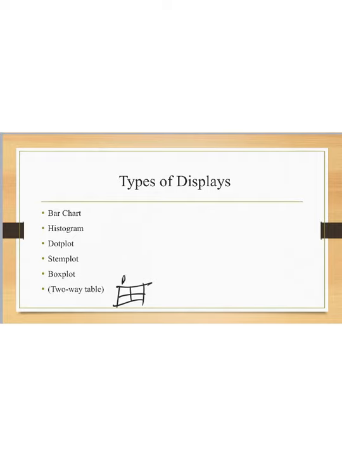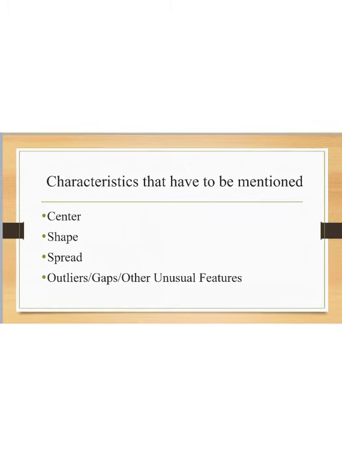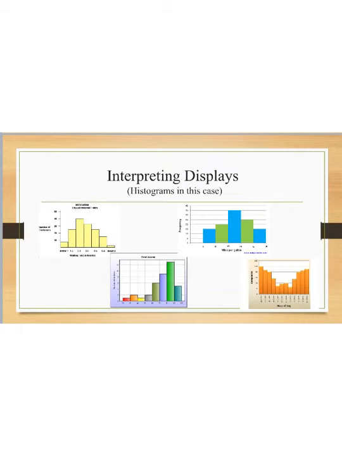So it might be red, green, and then the other variable is tall or short, and there might be 10 that are red and tall and 8 that are red and short and so forth. Otherwise, these are the main 5 we'll look at here. As I mentioned already, what we're looking at is these characteristics: center, shape, spread, outliers, gaps, clusters, and so forth.